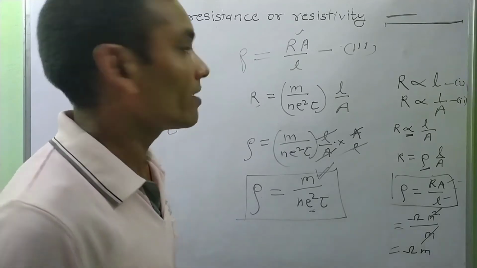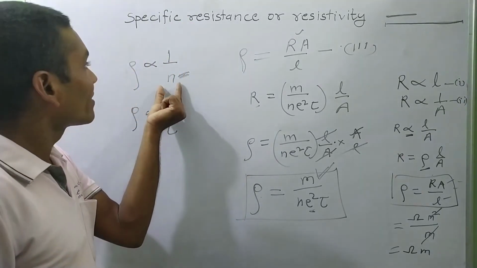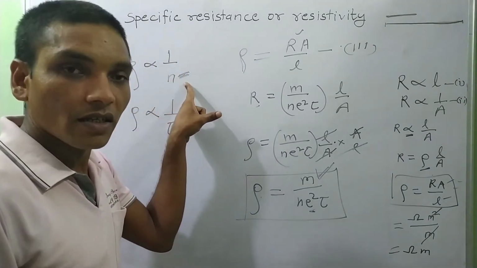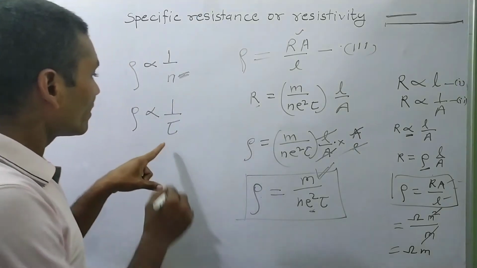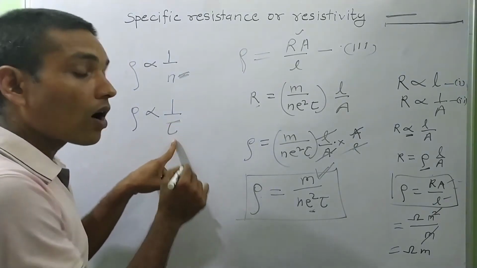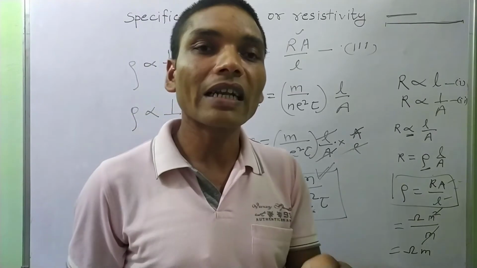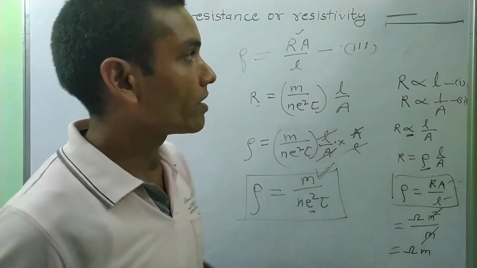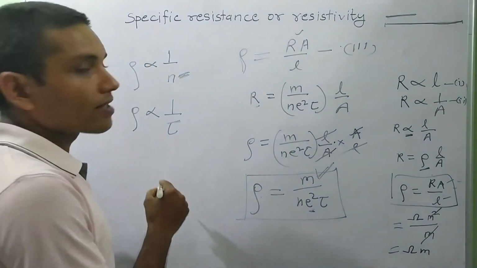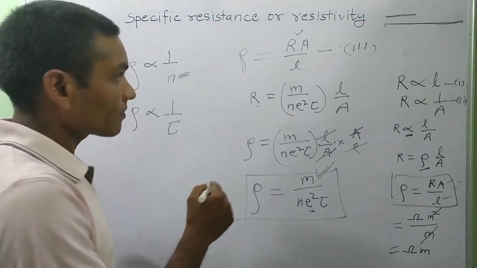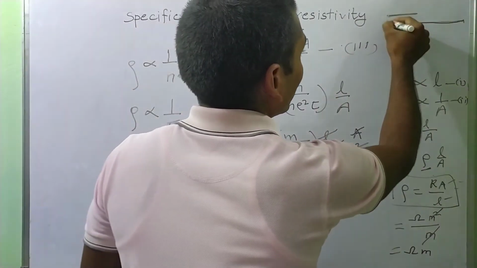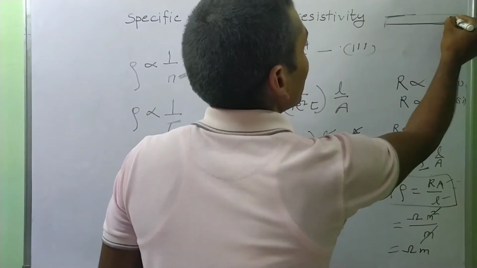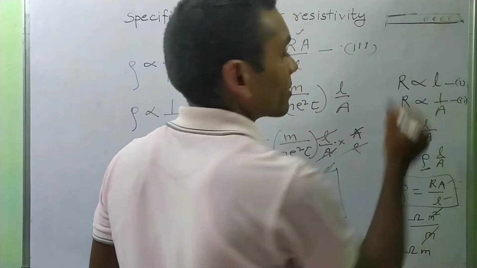It is only affected by the nature of the conductor, and this is tau. Tau is the relaxation time of free electrons. Listen here. Let this be the conductor, and here free electrons are there.